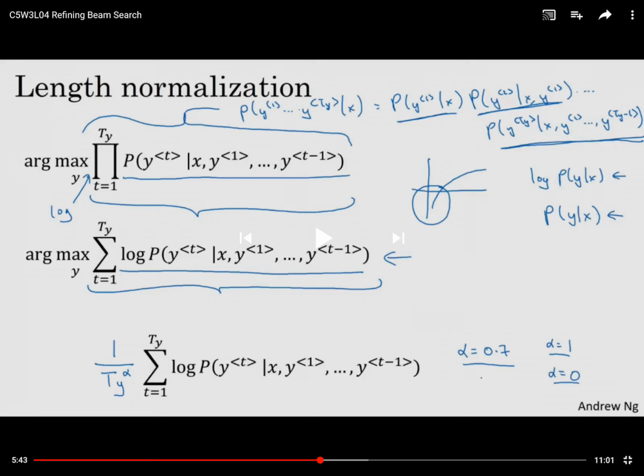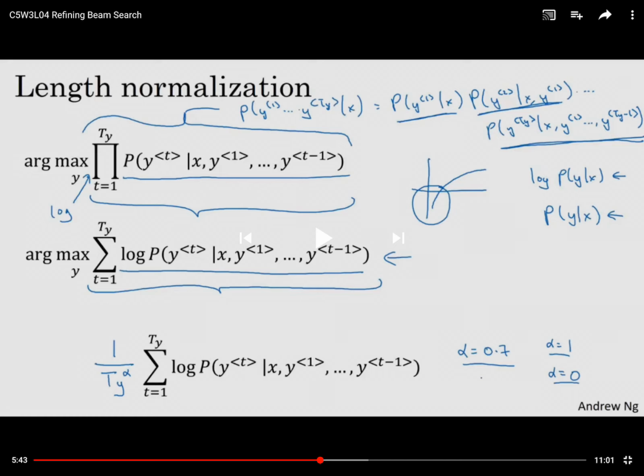Because if alpha is set to 0, then the normalizer will be just 1, so it will have no effect, and thus it will just consider the sum of these log probabilities, right? And in this case, of course, we are adding the logs, right?